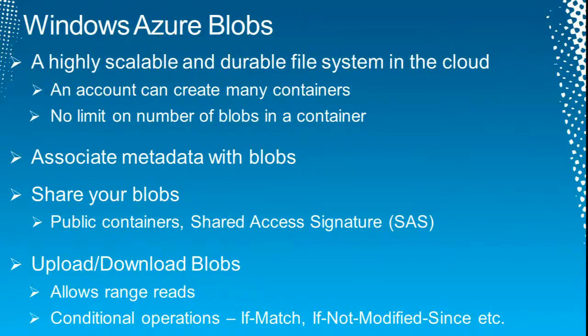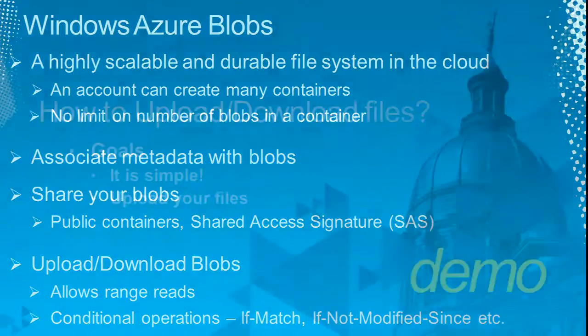You can always upload and download your blobs, and we give some nice ways of uploading your blob where you can do chunk uploads, and you can do it in parallel. For downloads, we provide a lot of conditional headers, like If-Not-Modified and If-Match, where you can do your ETag checks. In addition, we allow range reads, so you can get only the portion of your blob that you're interested in when you're downloading.